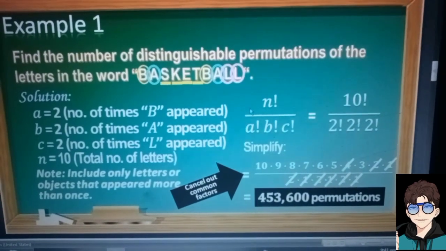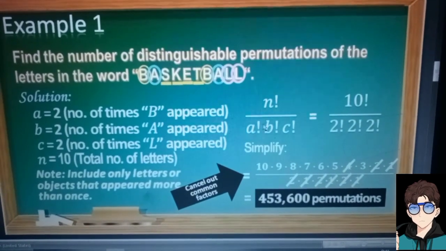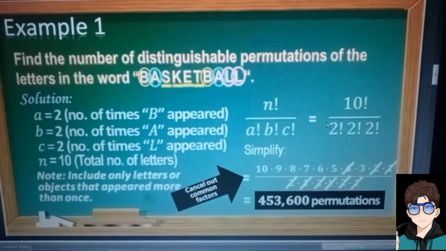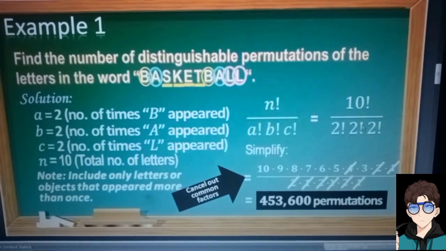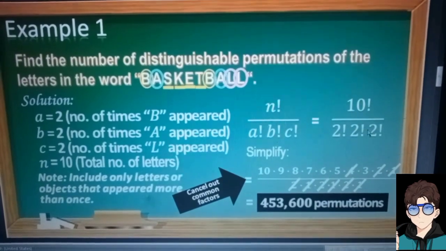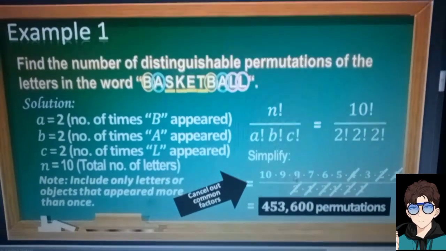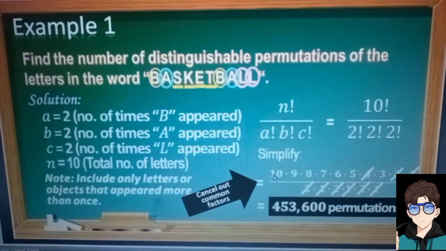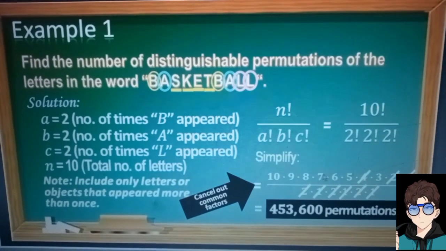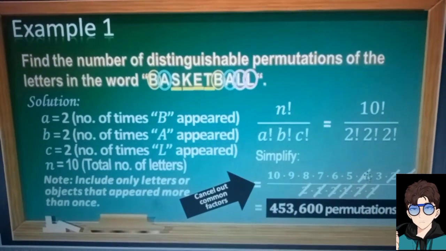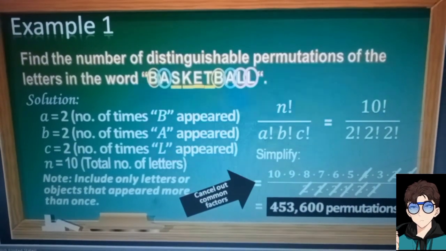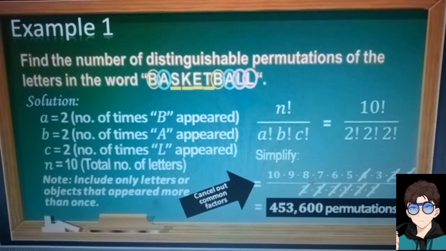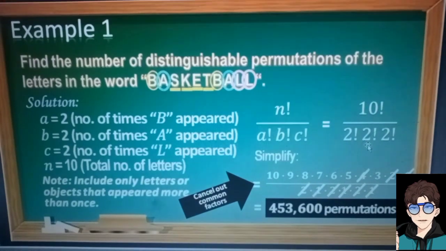By the formula n factorial all over A factorial, B factorial, C factorial, upon substitution, it is equal to 10 factorial all over 2 factorial times 2 factorial times 2 factorial. Evaluating, 10 factorial is 10 times 9 times 8 times 7 times 6 times 5 times 4 times 3 times 2 times 1. The denominator is 2 times 1, 2 times 1, and 2 times 1.